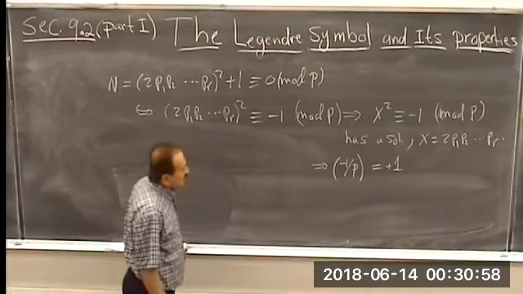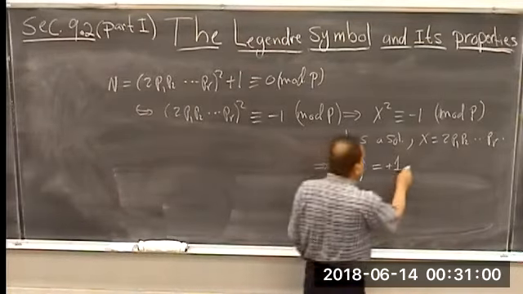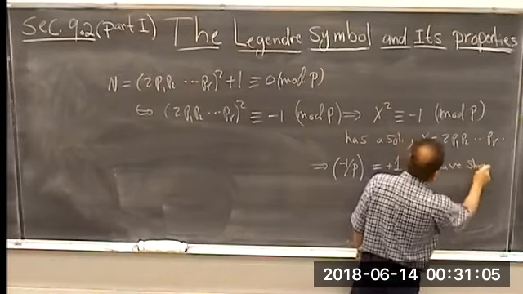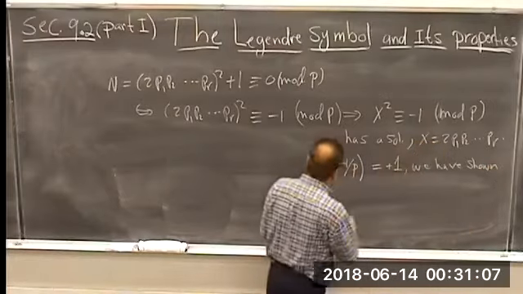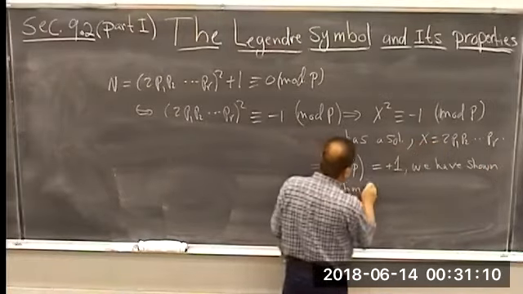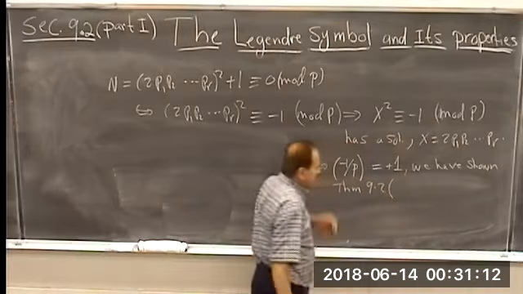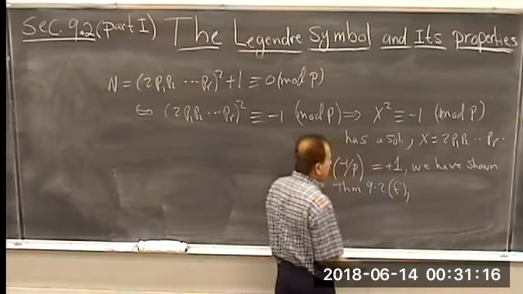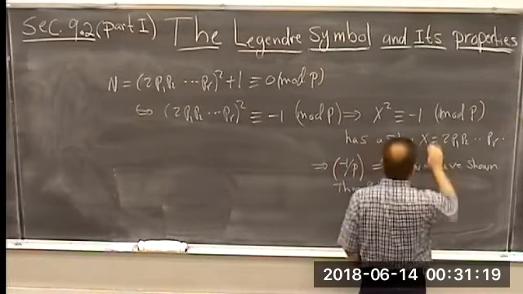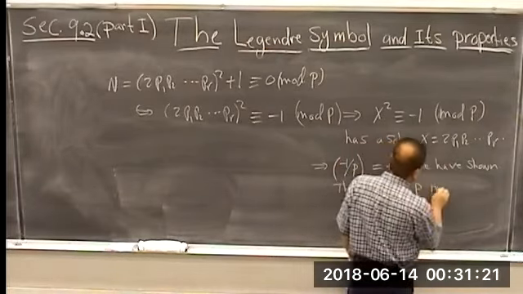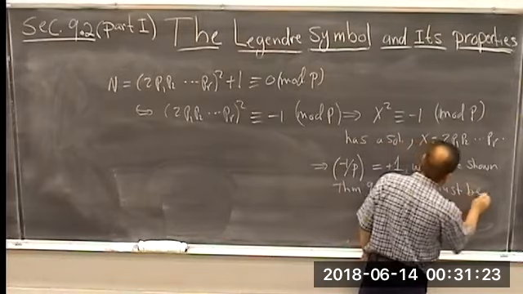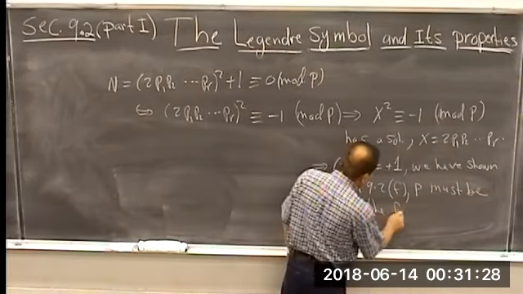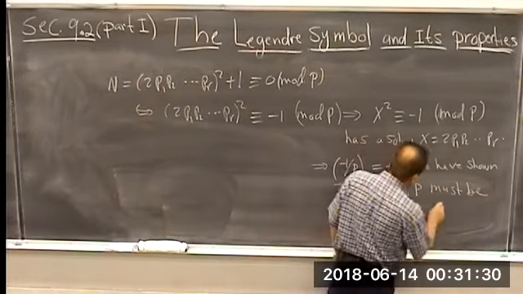But we have shown that, in theorem 9.2, the last part of it, that p must be of the form 4k plus 1.